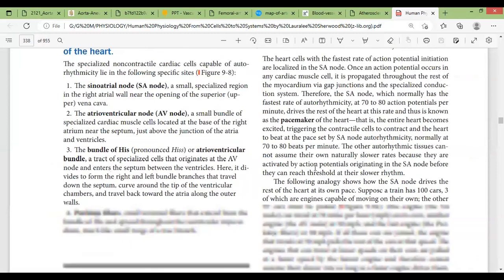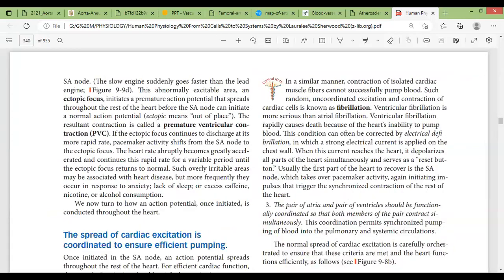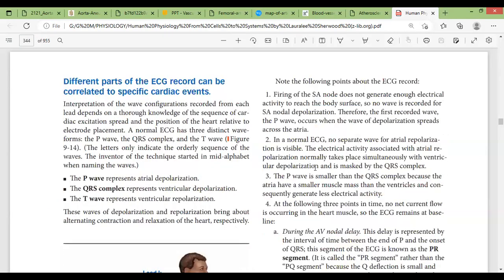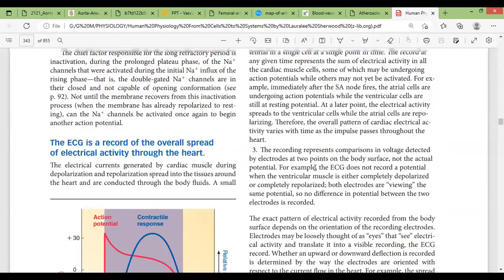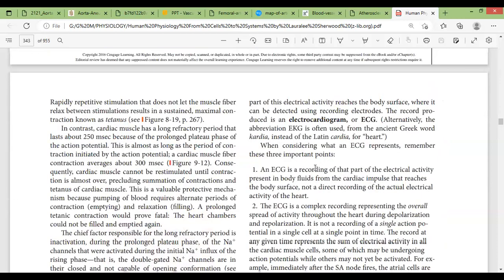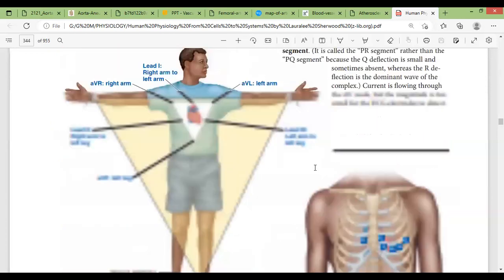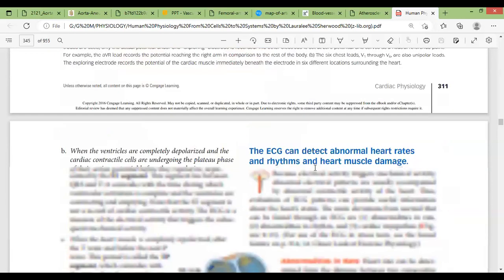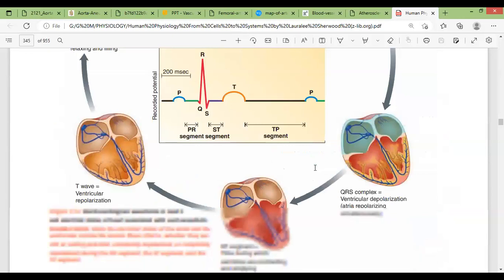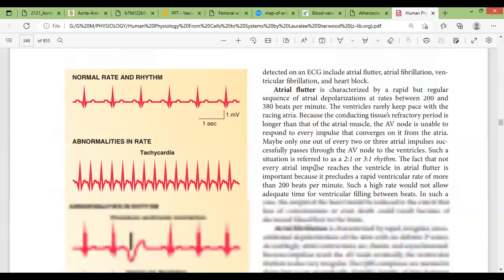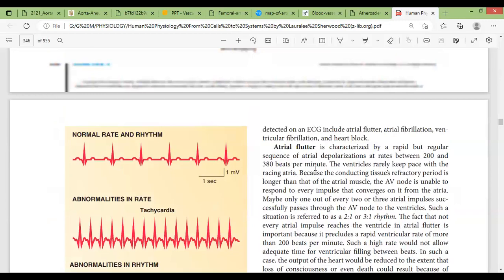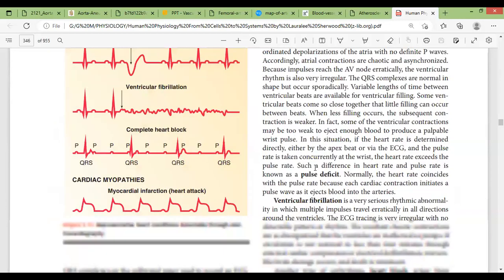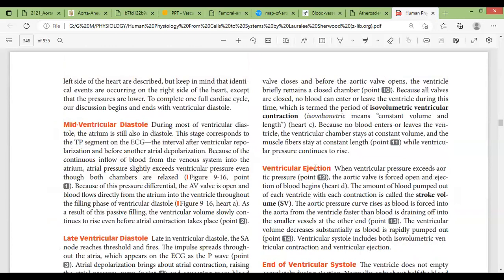Now we can even mention the PQRST complex on the ECG. Let me just display the ECG here. Who can explain the PQRST on the ECG?